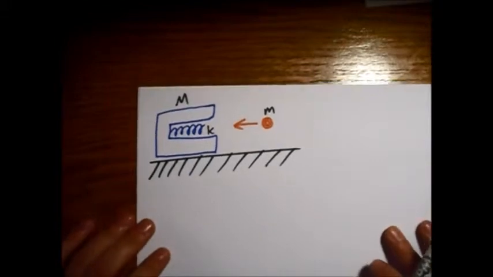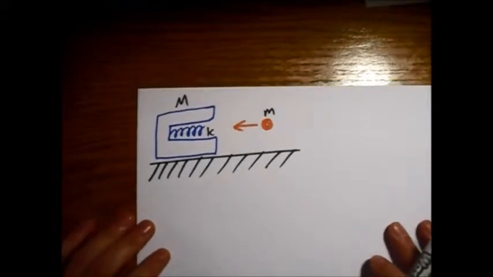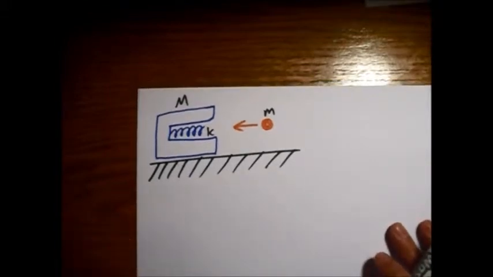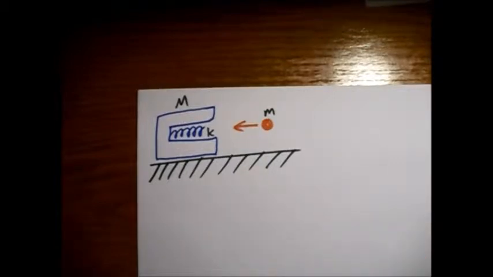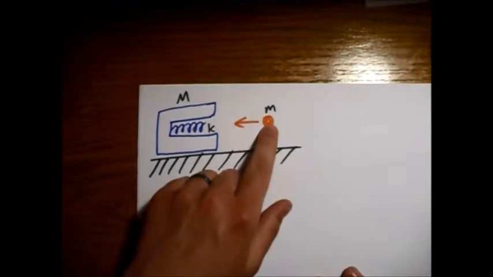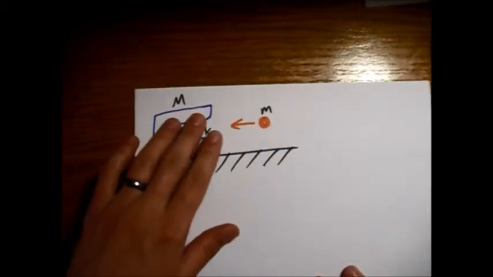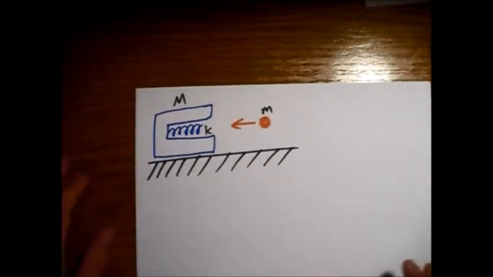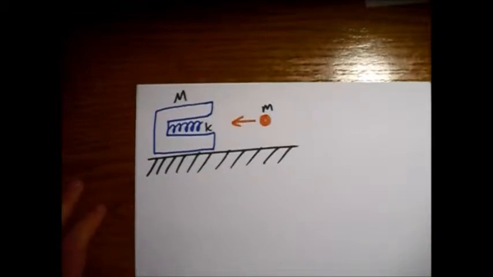So the key to this problem is just realizing that at the moment when the spring reaches its maximum compression, the small mass and this large mass, this block, are going to be moving at the same speed.